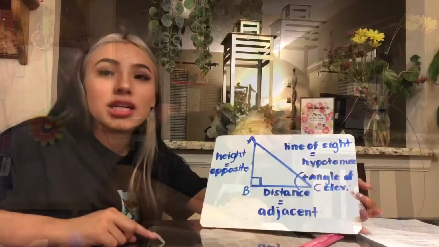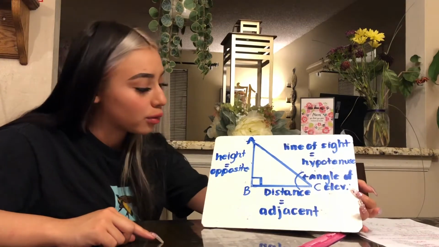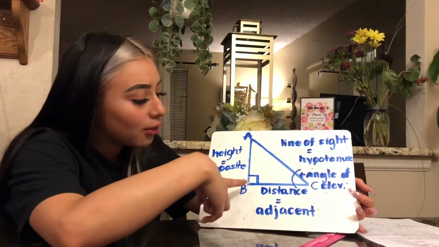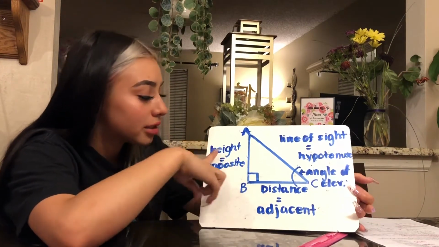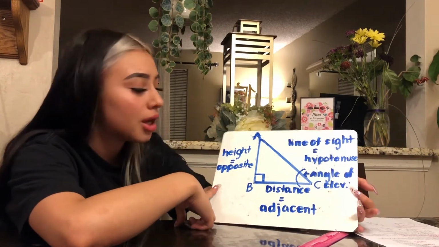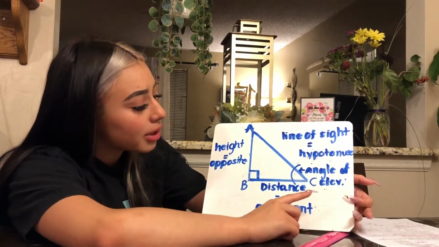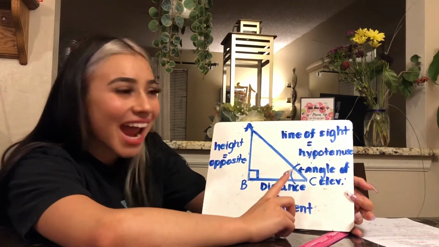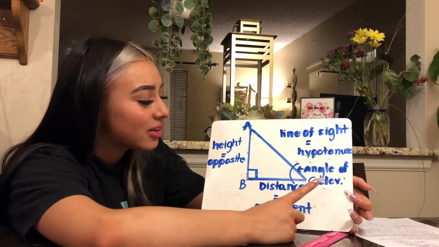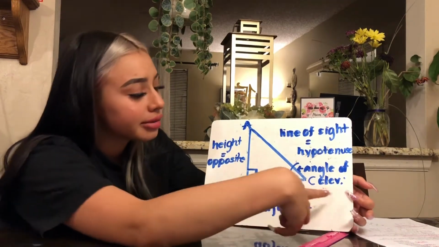So, like I said, to use the trig functions properly, you have to know the parts of the triangle. Right here where the right angle is, the vertical line is called the height, which is also known as the opposite. The diagonal line going from the 90-degree angle is the distance, which is also known as the adjacent.